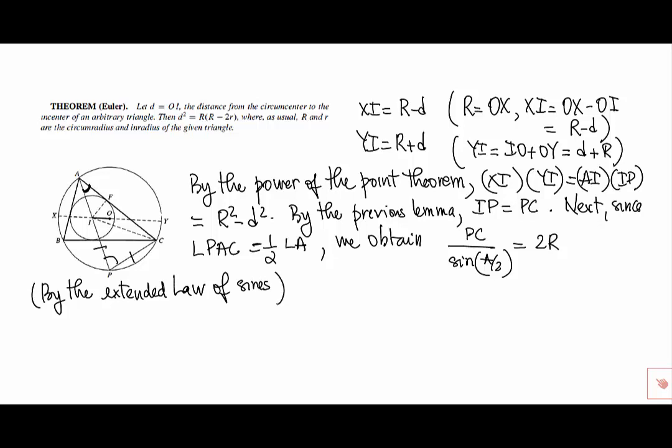Okay, so now we'll have that R squared minus d squared is equal to AI times IP, correct?